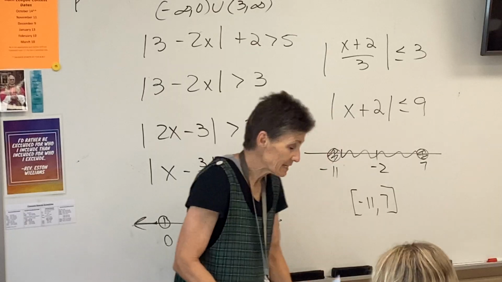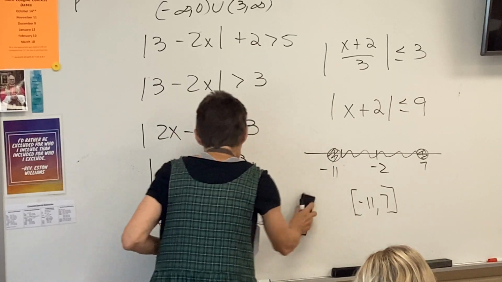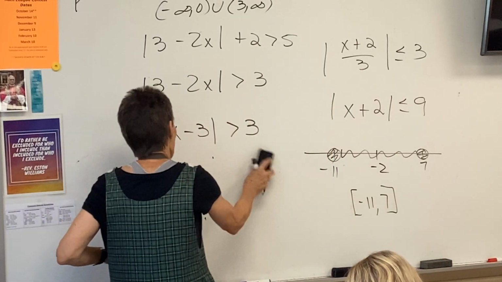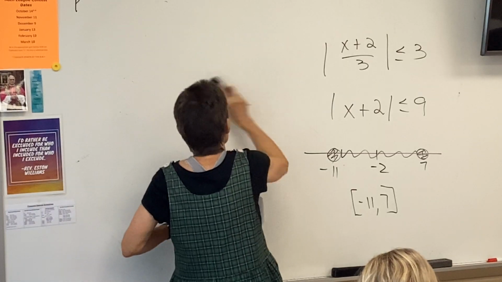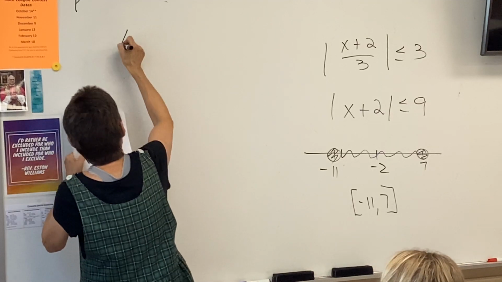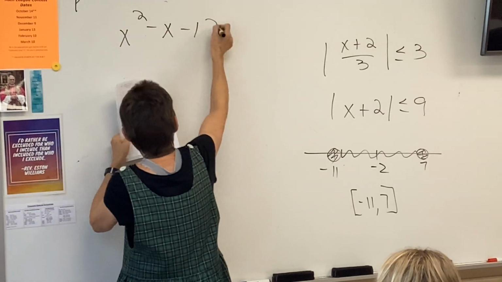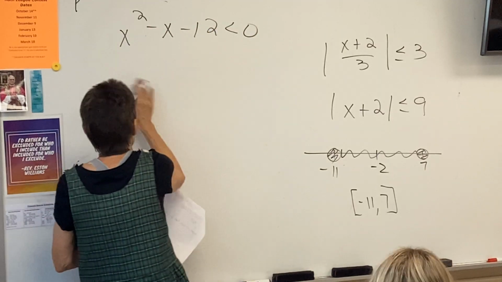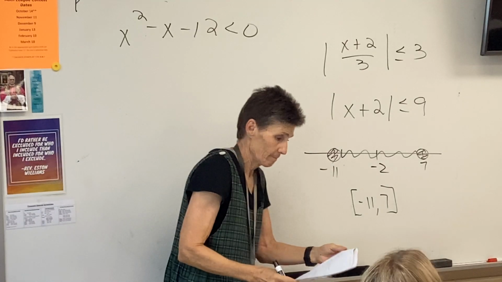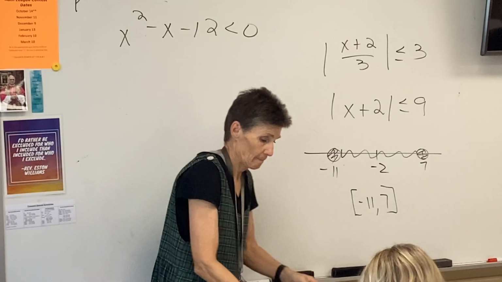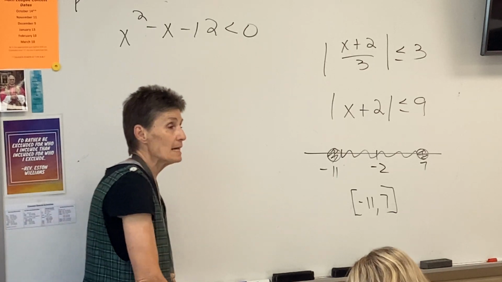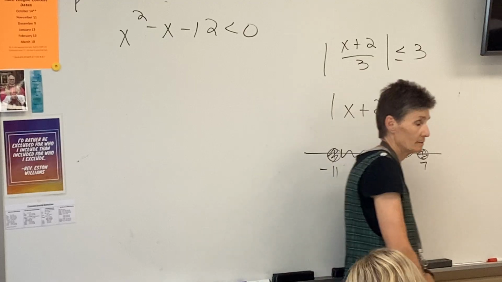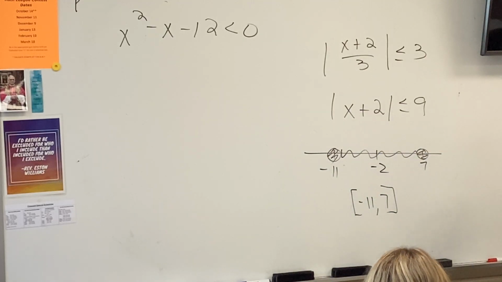All right, problem D is different. Problem D is another inequality, but it is not absolute value. It is quadratic. Any idea what we might do to start this one, William?